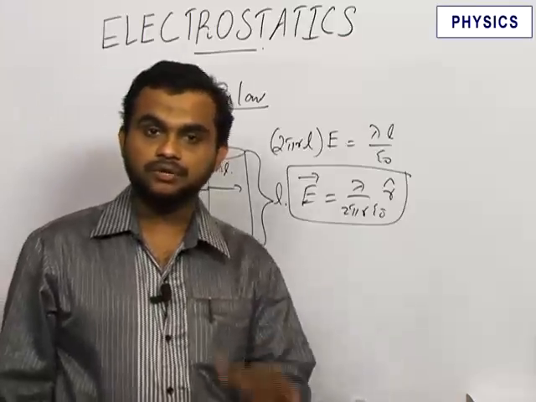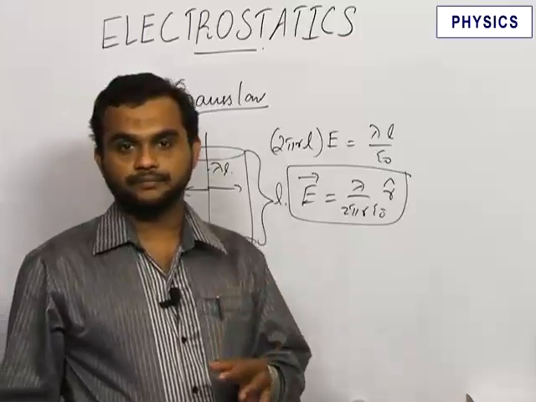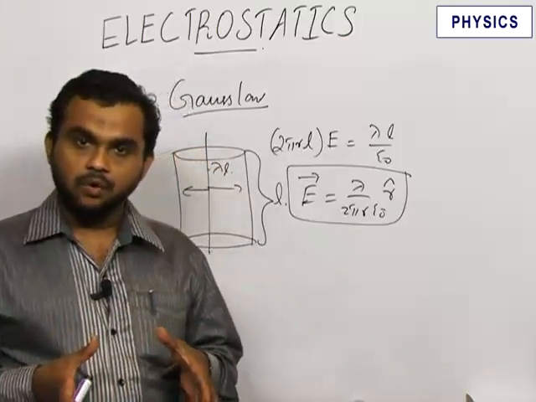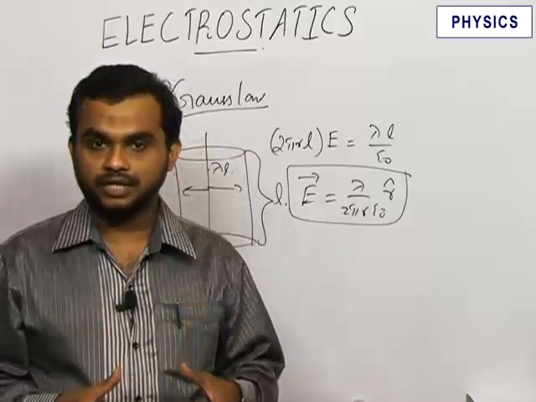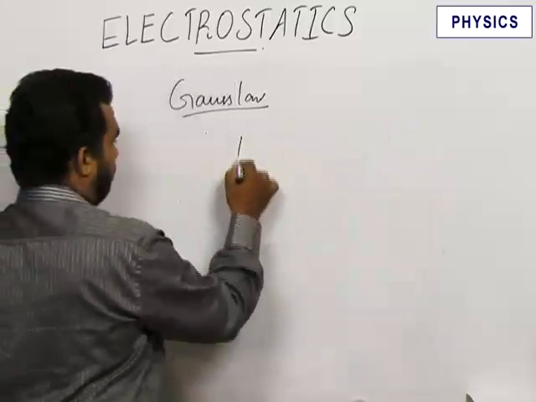Symmetrical means the distribution of charge should have the same geometry, so that you can imagine a Gaussian surface where all points of that surface will have the same value of electric field.